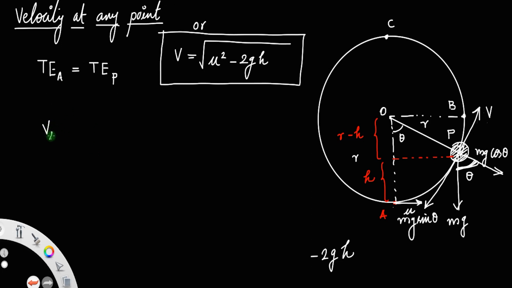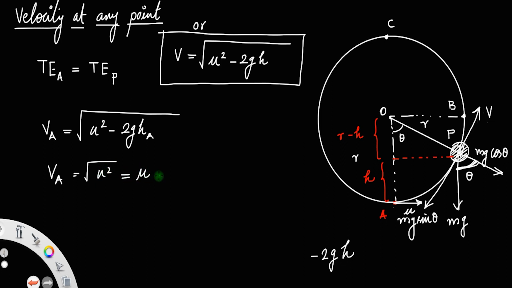Velocity at A will be, we have the equation, root of u square minus 2gh, with h the height at A. Since there is no height at A, this term will be 0. So V_A is equal to root of u square, that is u. No need to find that, it's already u. Velocity at A is u.